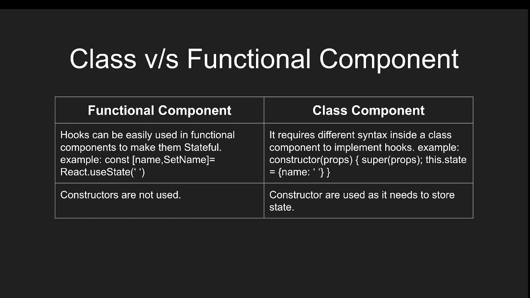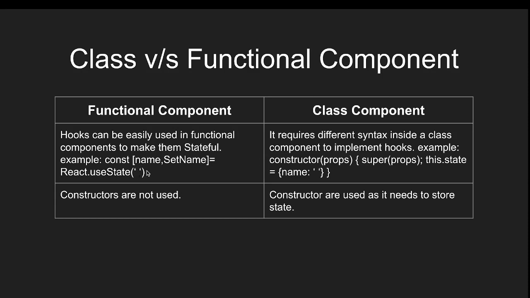For example, I've declared a constant name, and the second value is setName, which is used to set the value of name. Then we are using the useState hook. Inside the useState hook, we are using single quotes, which basically means that we are setting the initial value of name as an empty string.